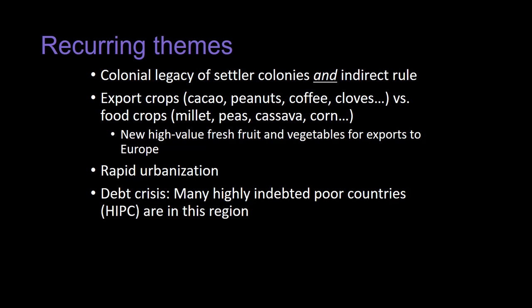A debt crisis. This is another huge recurring theme. Many countries in this region are highly indebted. Highly indebted poor countries is what they're referred to in your book.